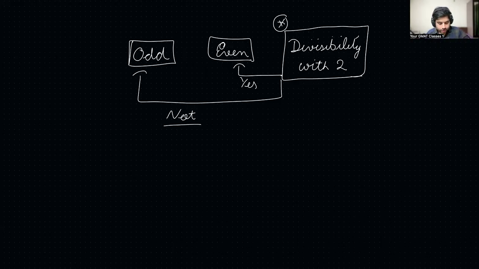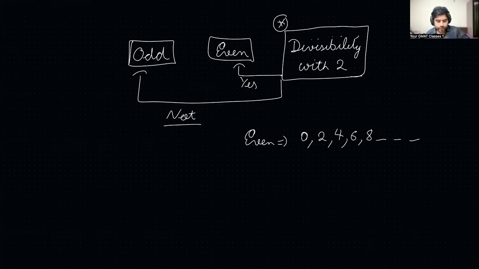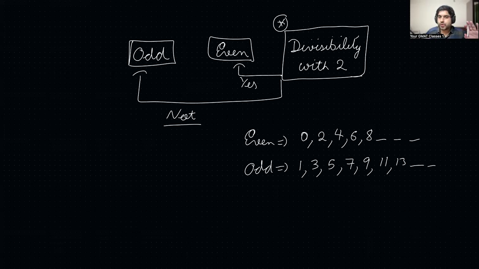So even numbers basically become 0, 2, 4, 6, 8, and so on. And odd numbers basically become 1, 3, 5, 7, 9, 11, 13, and so on. So basically, even numbers and odd numbers fall into these two categories.